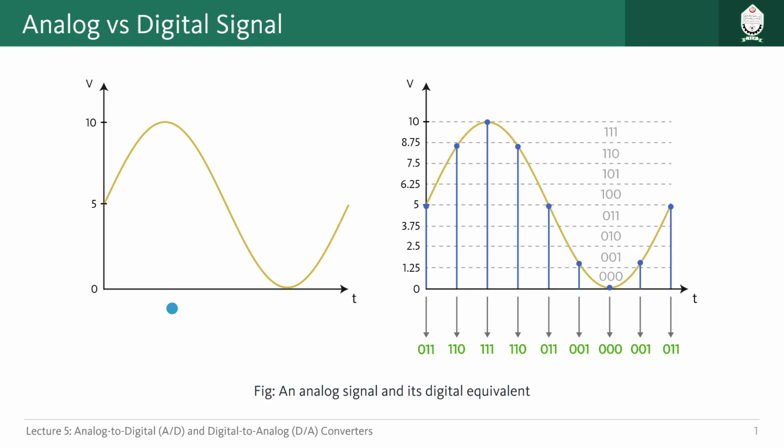So how does that happen? Briefly, initially we will discuss how that happens through this picture. As I said, we have to quantize or discretize both of the axes. So first of all, let us start with time.